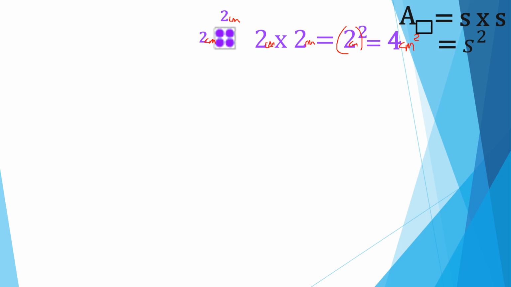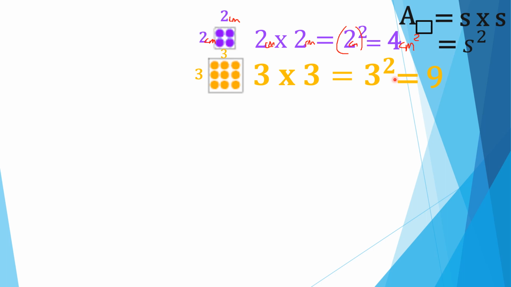Another example, if we have here a square, let's count how many units. 1, 2, 3. So this is 3. 1, 2, 3. So 3 by 3. So let us multiply. 3 times 3 is equal to 3 squared. 3 squared is equal to 9.